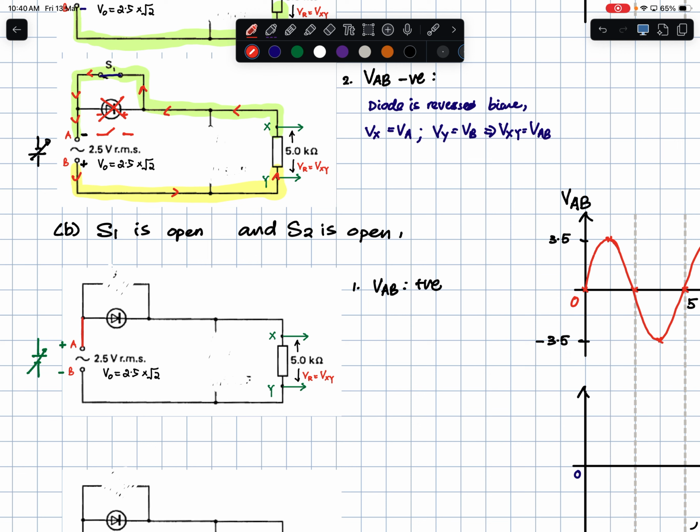So if I follow, my diode is forward bias. Or alternatively, if I take out my finger in exams, I'm able to find a connecting path. So the diode is forward bias.